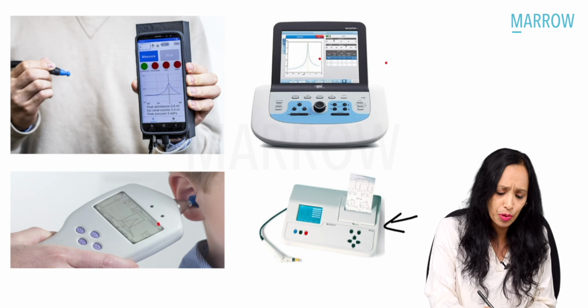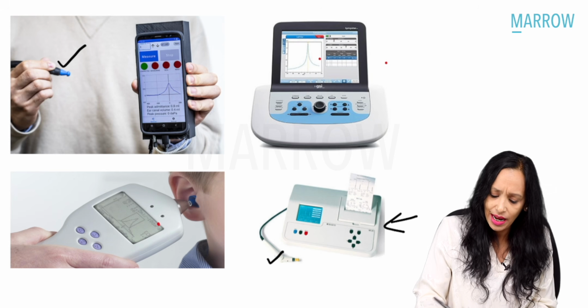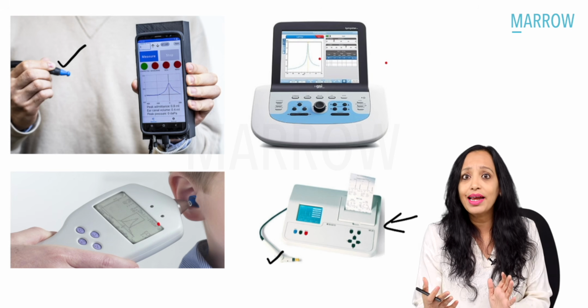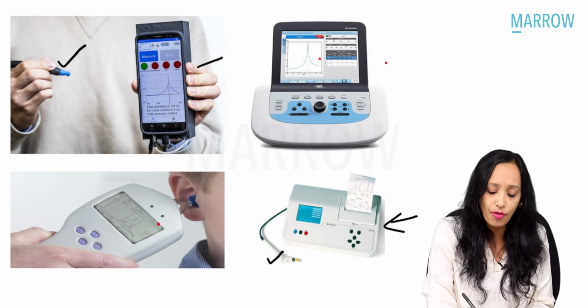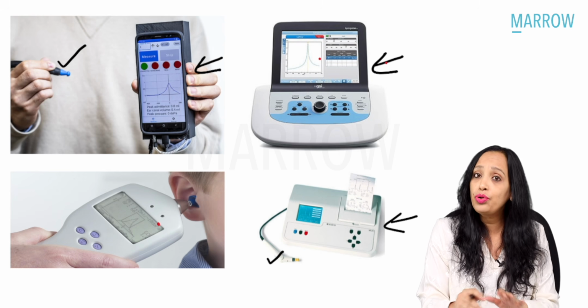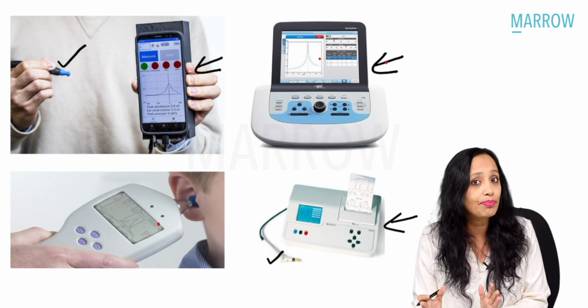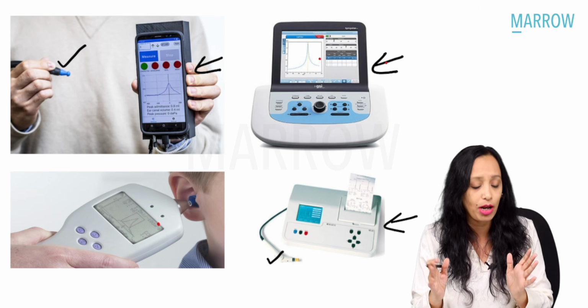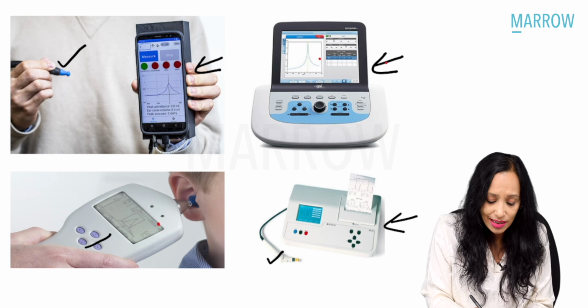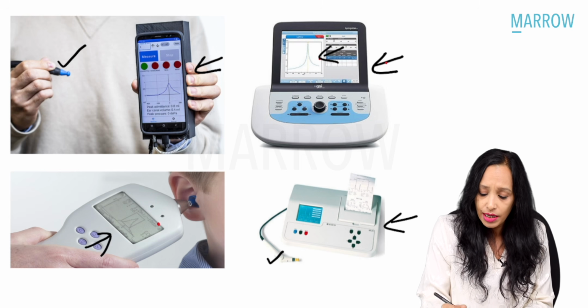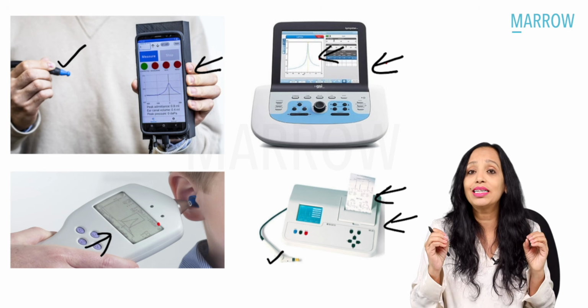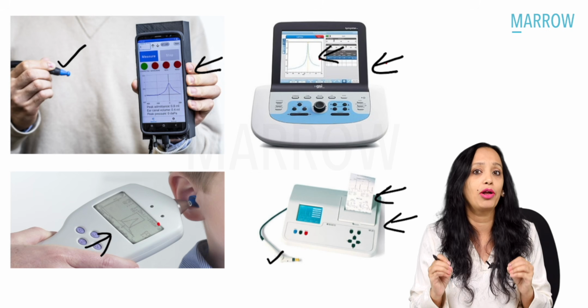You just put the probe inside the ear of the patient, and whatever response is there comes automatically in the form of a graph. So you need not confuse whether this is an audiometer or a tympanometer, because wherever you see the tympanometer, along with that you will see this graph. Are you seeing? Yes, you are always seeing the tympanogram in the tympanometer.